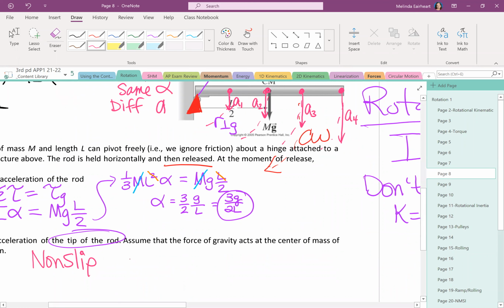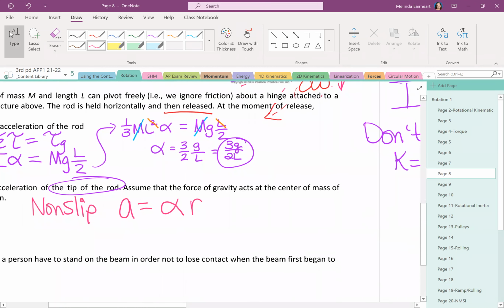It was some linear quantity equals the angular quantity times radius. We've written it out for, I think, the distance when we compared one full circle to linear motion, and same with velocity. So these non-slip equations, hopefully you use them so often, they become habit, they become second nature. And so, again, alpha is the same at all points.